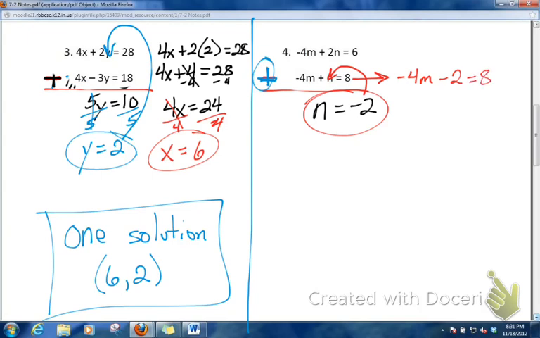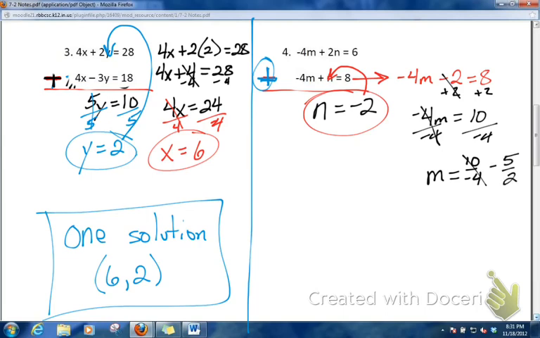So we're then going to add 2 to both sides. So negative 4m equals 10. Divide by negative 4. So m equals 10 over negative 4, which we know simplifies into negative 5 over 2.